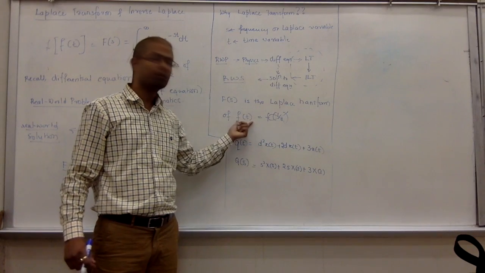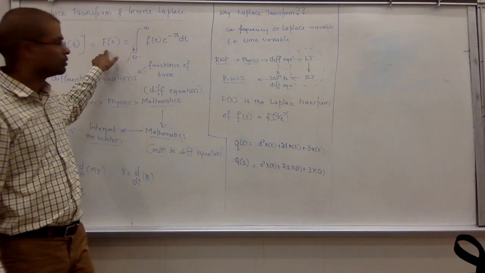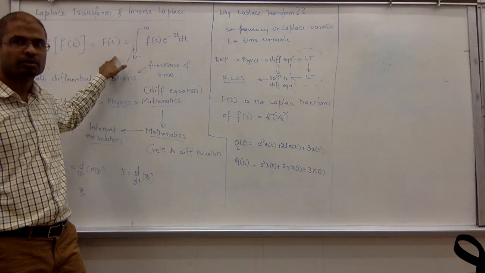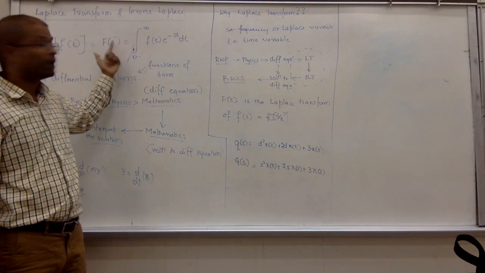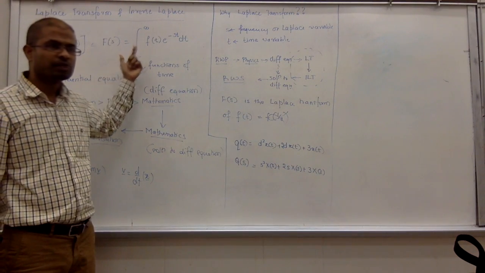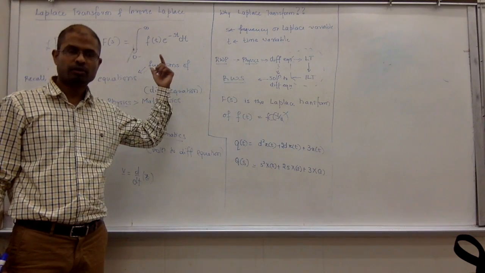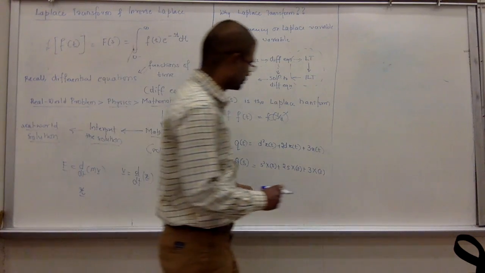So if you want to convert any function of time to a function of frequency, you use this. This is one form of converting that. The mathematics of this is beyond the scope of this course. Not here. Maybe later.